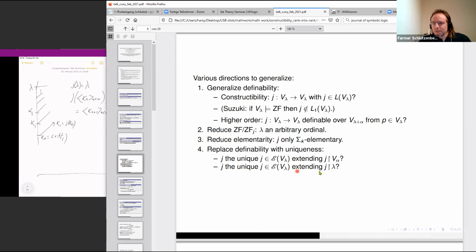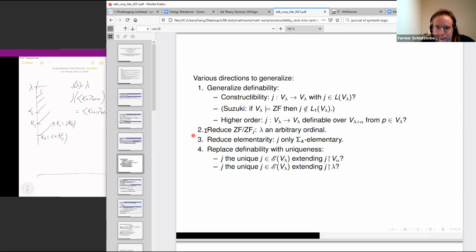Or maybe, is J the unique extension of its restriction to ordinals? Questions like this. There are also questions you can look at where you go to generic extensions and ask all sorts of variants of these questions. Okay, so I'm going to look at a few of these. The first thing I'll look at is definability.